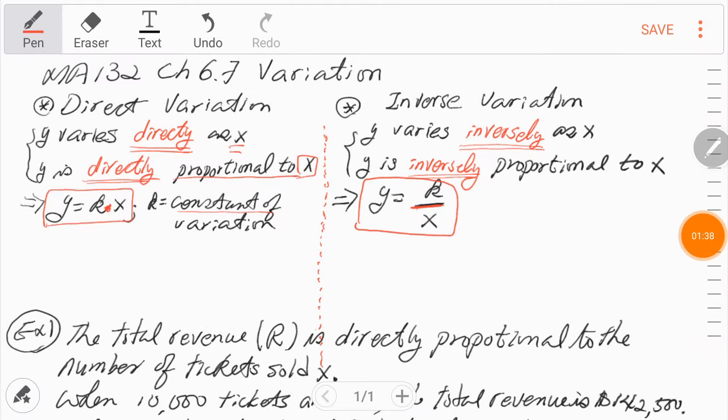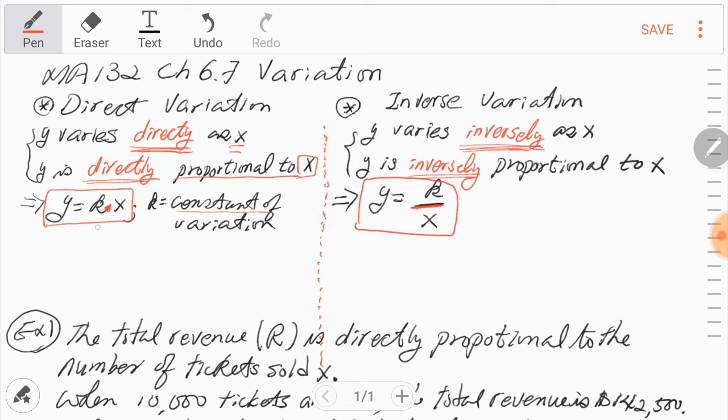So for direct variation and inverse variation, we have to write an equation, a mathematical model that relates to this. So y equals k times x if there is the word directly, directly as x or directly proportional to x. For inverse, we divide k by x if there is the word inversely.